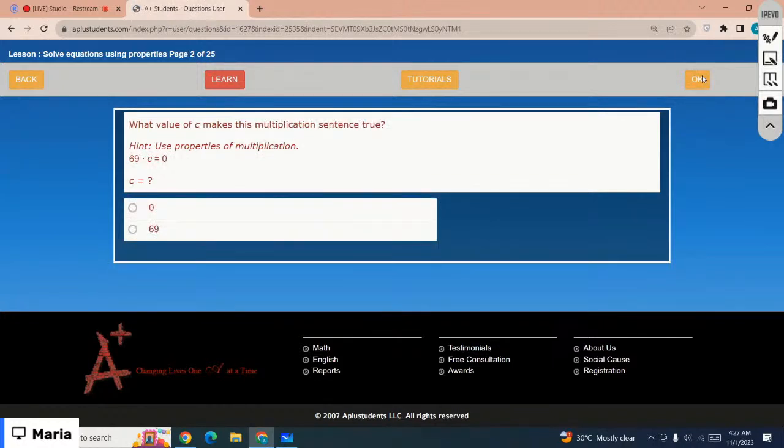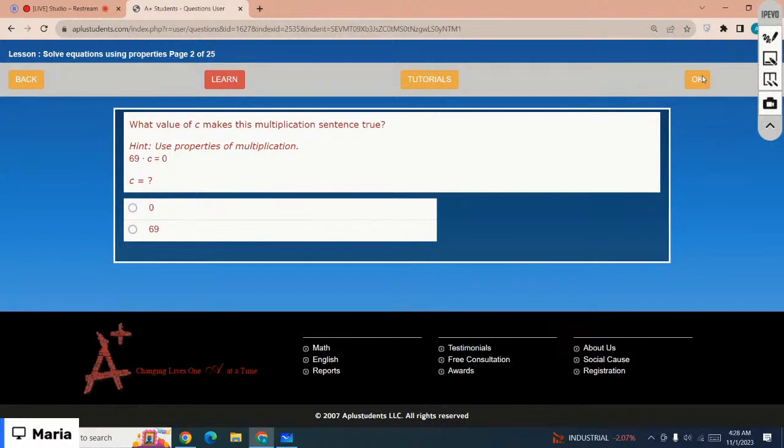Okay, the next one is what value of c makes this multiplication sentence true? So which is the correct option? 69 times c equals 0.